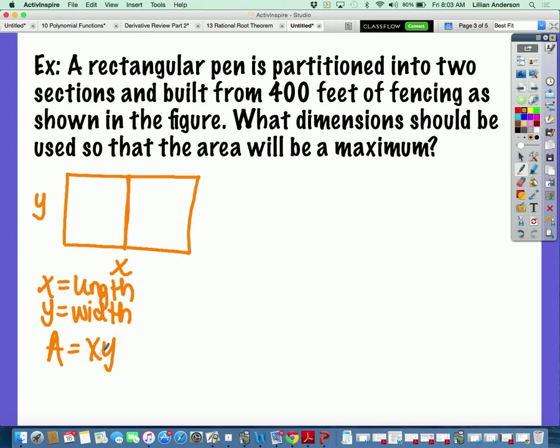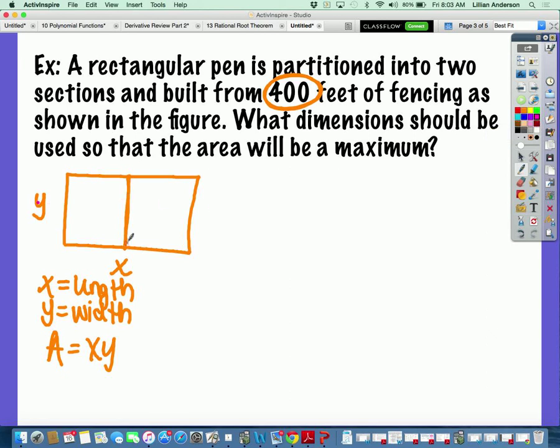And again, I'm in the situation where I need to optimize my area equation, but I have two variables. So I need another equation. And I'm going to get that from that 400 feet of fencing. Fencing goes around, so we're looking at perimeter here. And if I think about it, I have basically 3 y's.